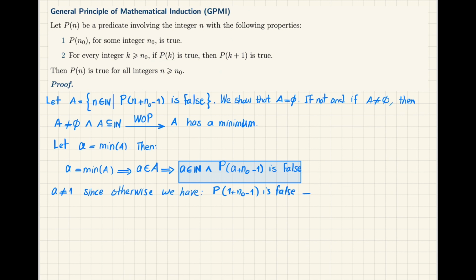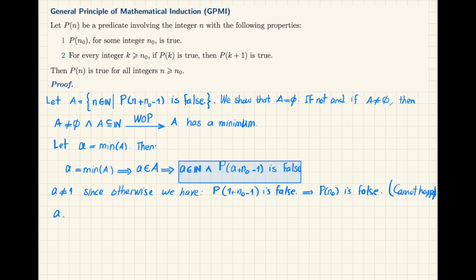So here minus 1 and 1 are cancelled, so this means that p of n node is false. But this is not true, yes? Because we learned that p of n node is true. So this cannot happen.